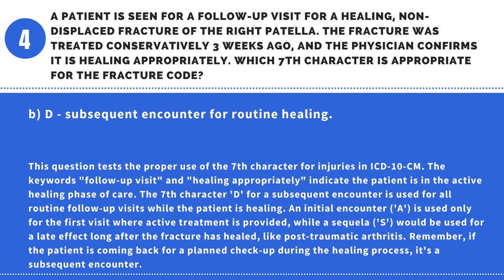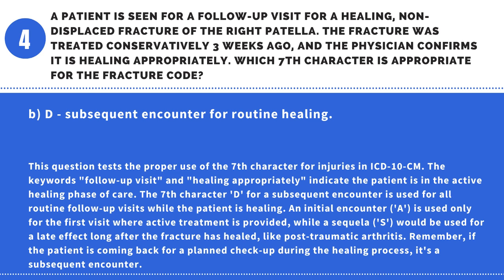Answer B. D. Subsequent encounter for routine healing. This question tests the proper use of the seventh character for injuries in ICD-10-CM. The keywords follow-up visit and healing appropriately indicate the patient is in the active healing phase of care. The seventh character D for a subsequent encounter is used for all routine follow-up visits while the patient is healing.